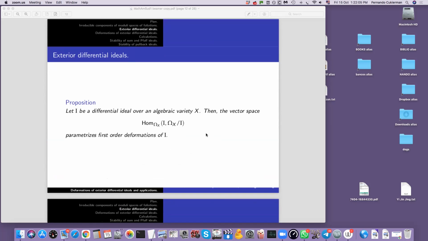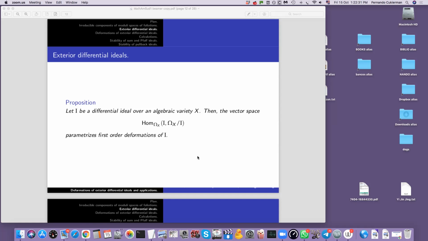What we can show is that we can define flat families of differential ideals. We can consider families over an Artin ring, in particular families over the ring C of epsilon.